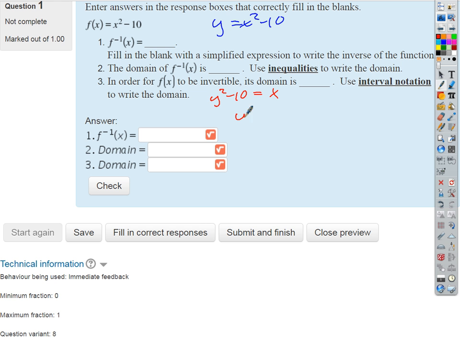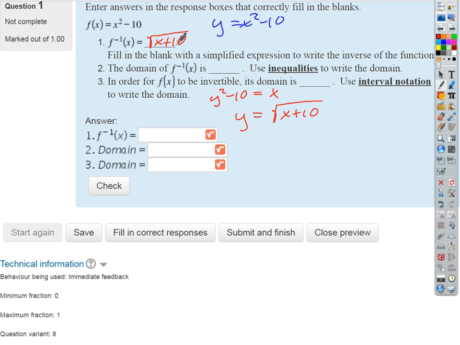Okay, good. So we get y equals plus or minus the square root of x plus 10. But we're not going to need the plus or minus because we can only keep one of them, the positive one. So the answer to part one is the positive square root of x plus 10.